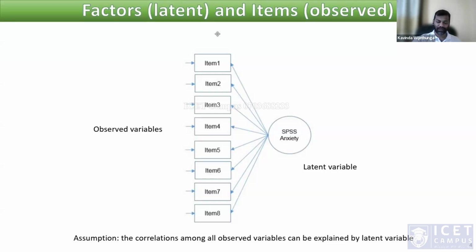For these kinds of latent variables, which means variables that cannot be measured directly, one example is SPSS anxiety. Anxiety we can't measure by asking participants, do you have anxiety or not, because sometimes they didn't know the word anxiety as well.